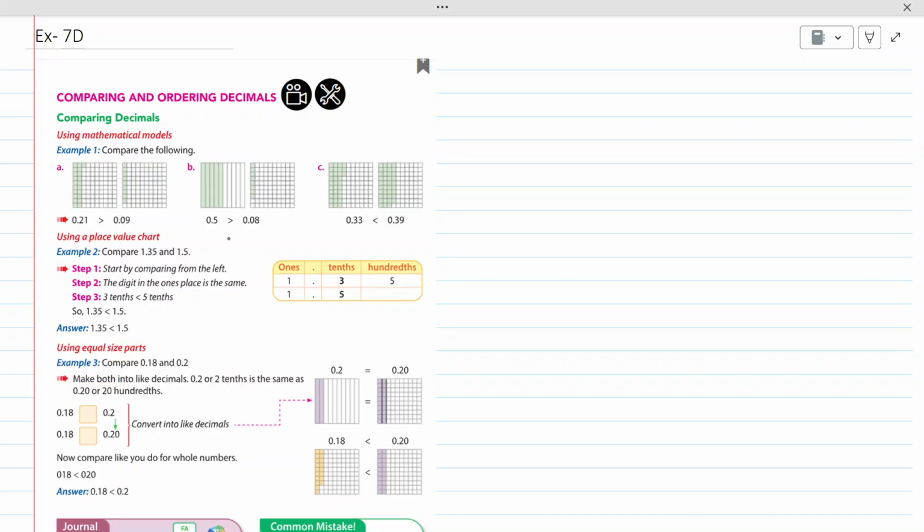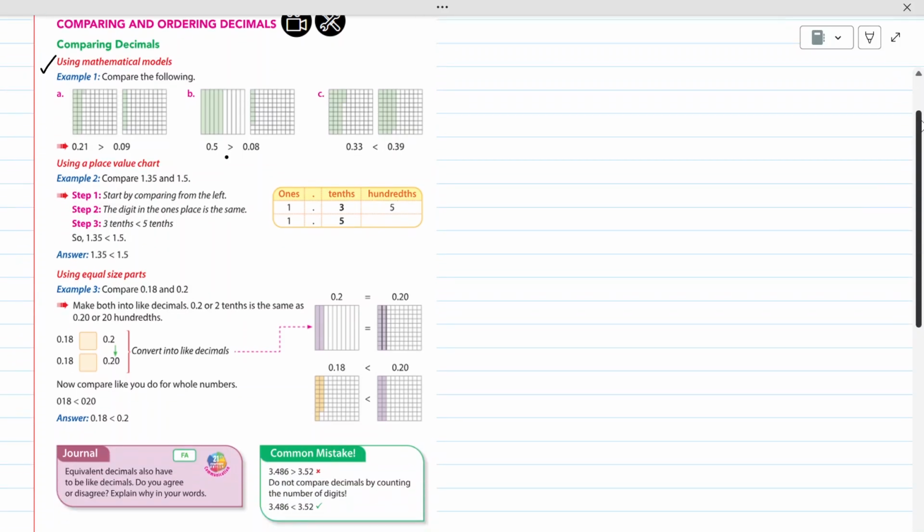Similarly, another example is given here. In this example, we have 0.5, that means we have 5 tenths, and in the next number, we have 0 tenths but 8 hundredths. Again, when we see this, we can very well see that 0.5 is greater. So this is one method of comparing the decimals, using the mathematical models.